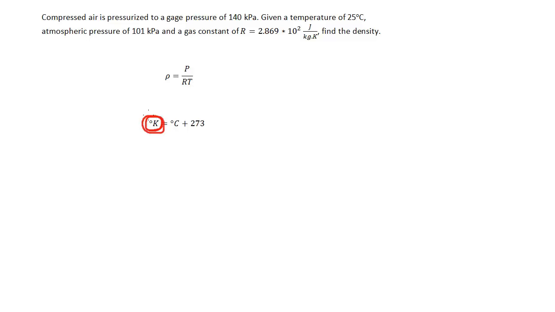In almost all fluids problems, unless specifically stated, unless the formula has already allowed for it, you'll be using degrees Kelvin instead of degrees Celsius or any other temperature units. So we can relate those two by this simple formula here, that degrees Kelvin is equal to degrees Celsius plus 273.